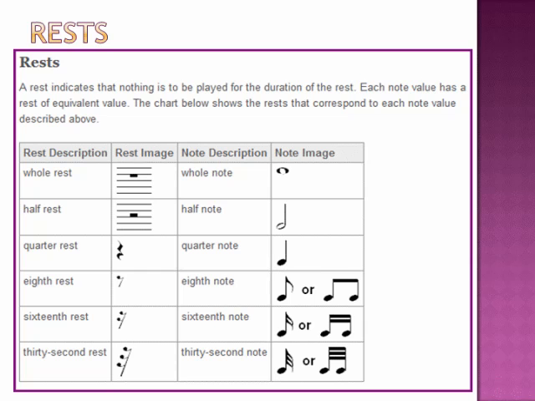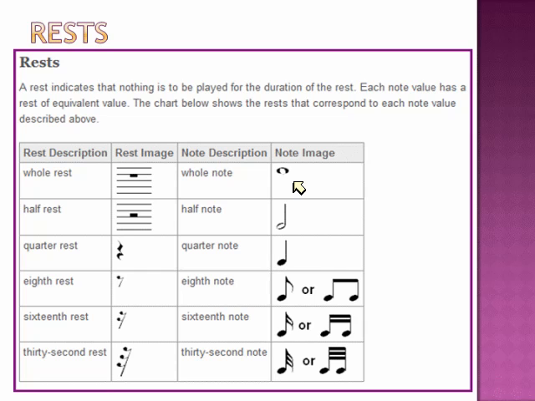And we're going to take a look at this chart here. I'm not going to spend a lot of time on it, but if you look over here, here is the whole note, 4 beats, that's what we're saying it is anyway.